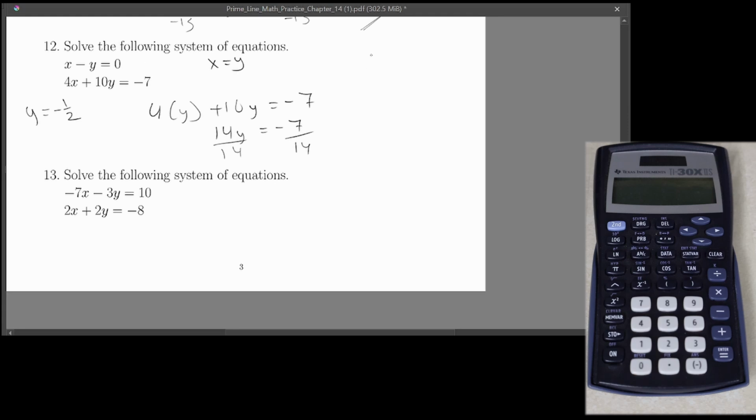And so if we plug it into x minus our negative 1/2 equals 0, so x plus 1/2 equals 0. And if we subtract 1/2, x equals negative 1/2 as well.